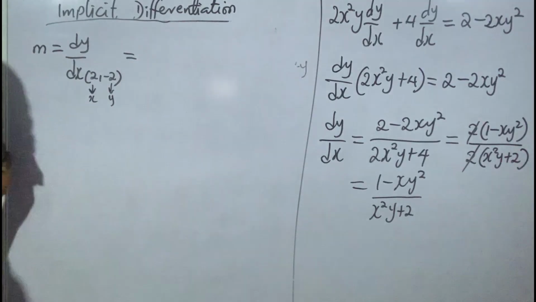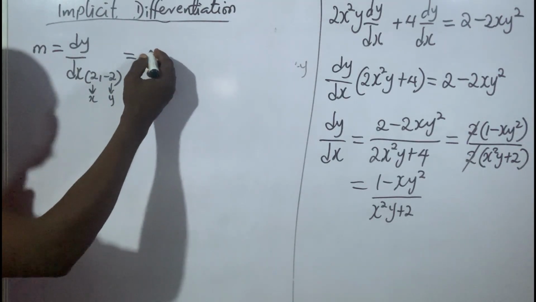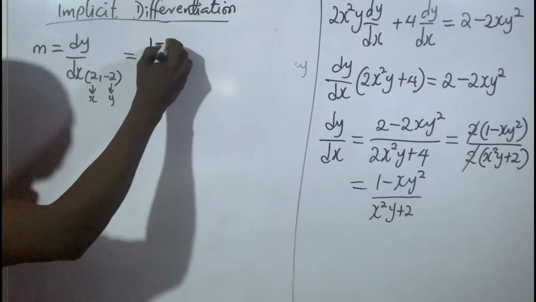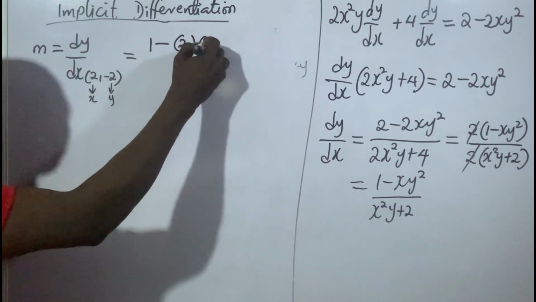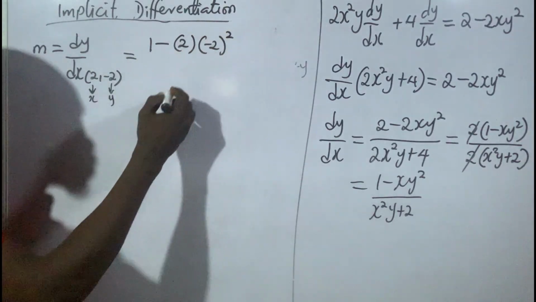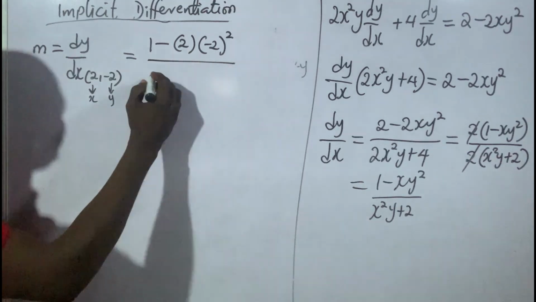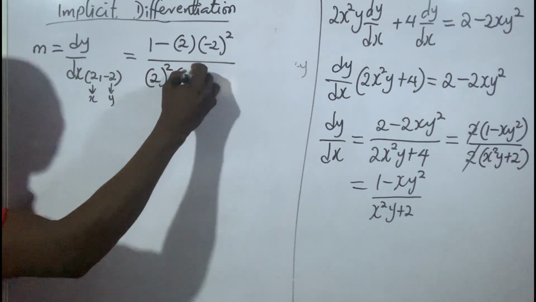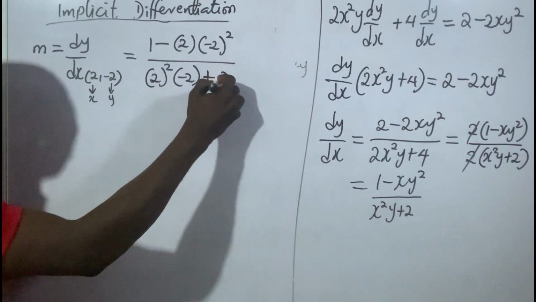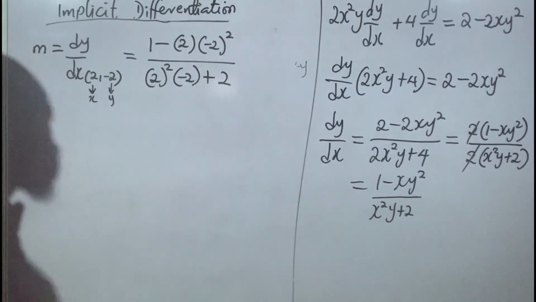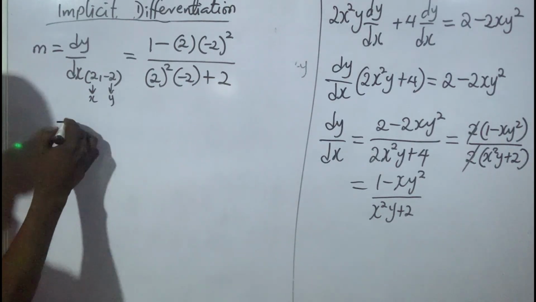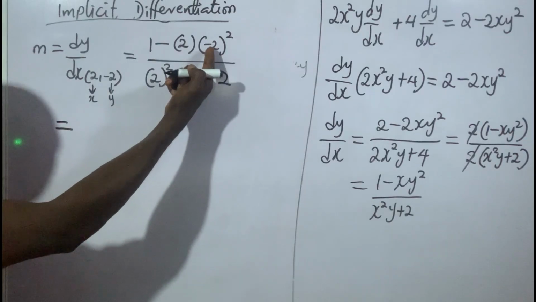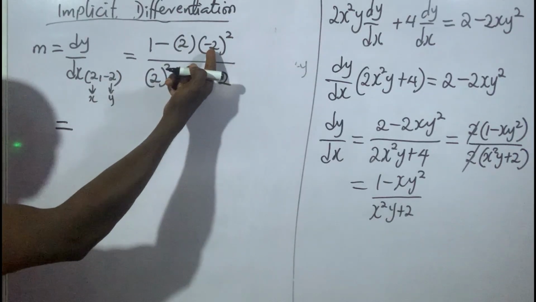So if we do that, we're going to have 1 minus 2 times minus 2 all squared over 2 squared times minus 2 plus 2. See that? Solving on. Use your calculator or take it on out.